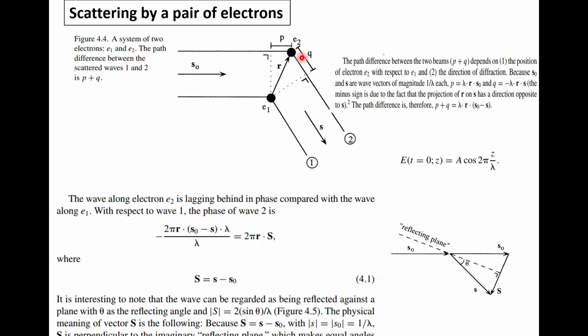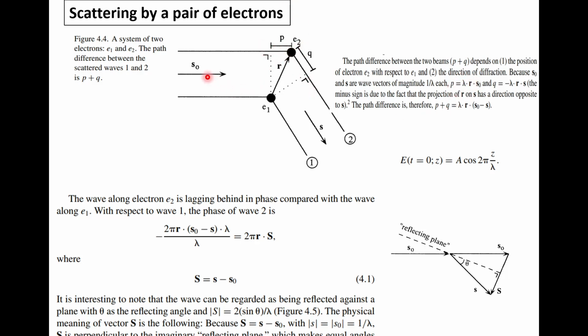So the P value will be the base by the hypotenuse, that is P by the magnitude of r. From there you get P equals lambda dot r cos theta, that is P equals lambda dot r.